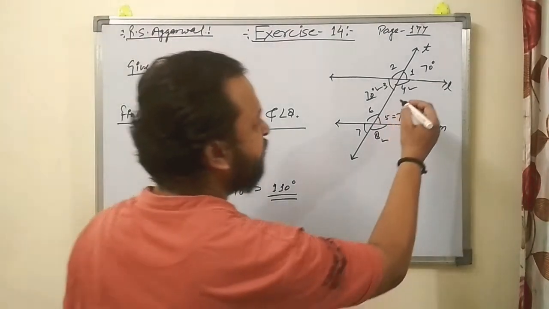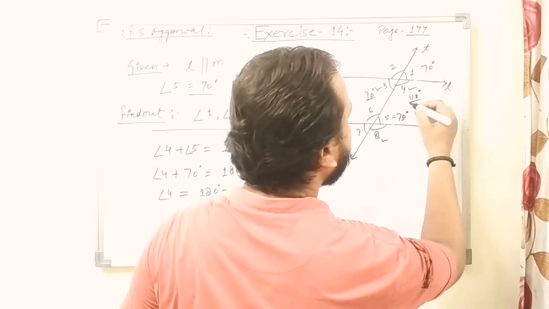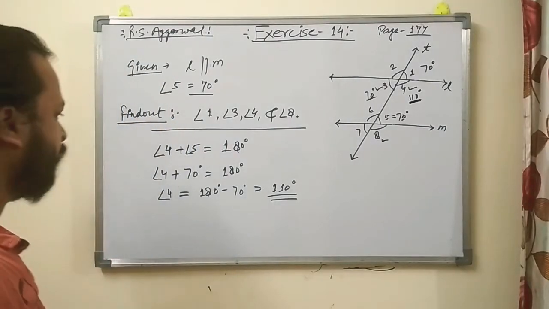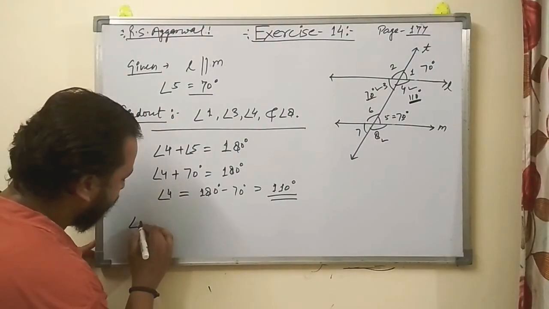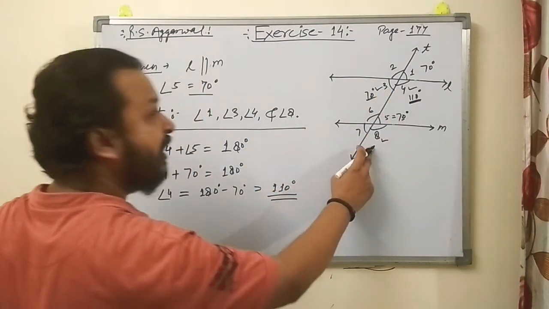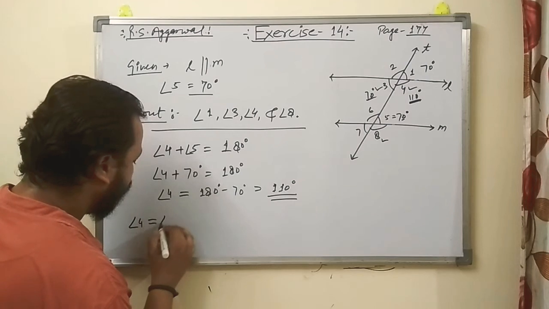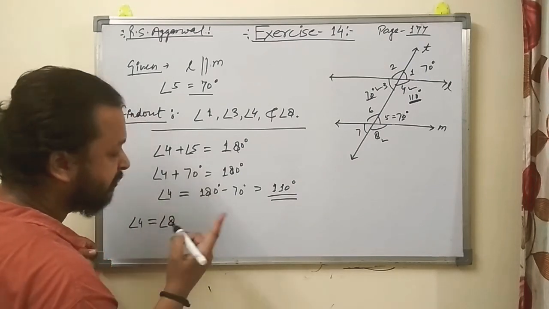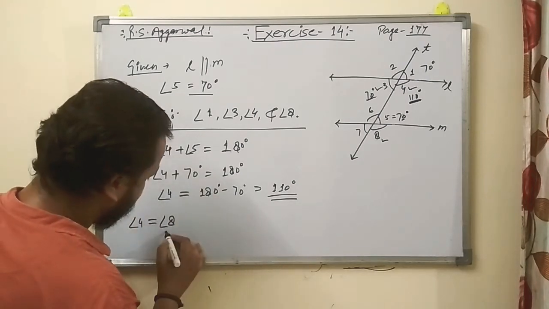So this angle comes to 110 degrees, and you know that angle 4 and angle 8 are equal. Why are they equal? Because they are corresponding angles.